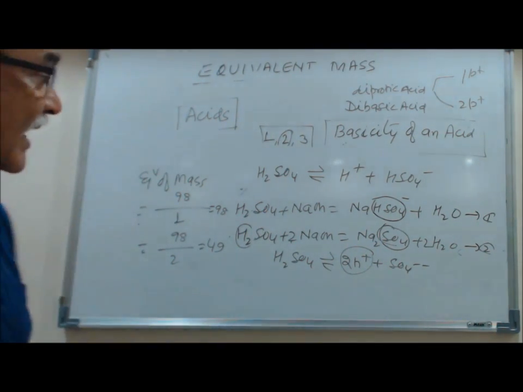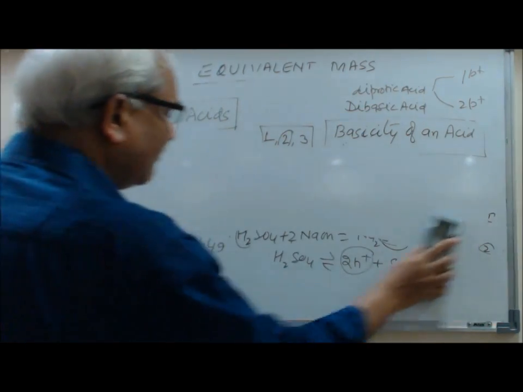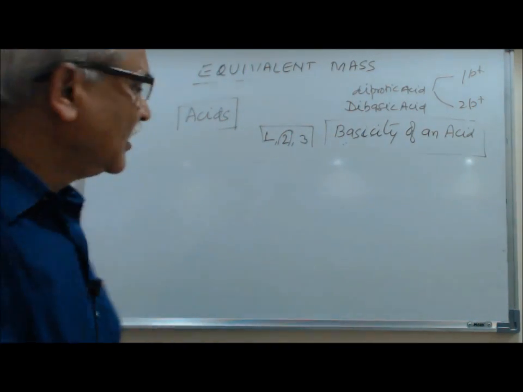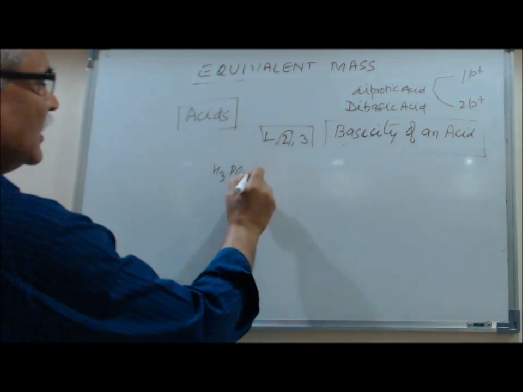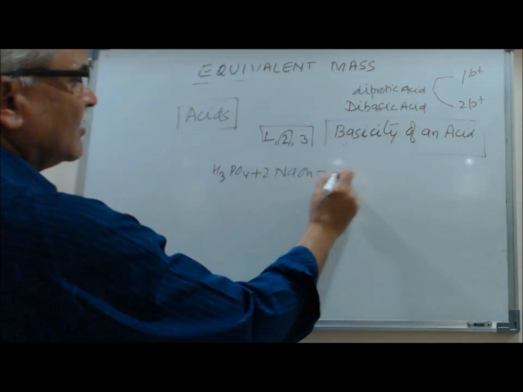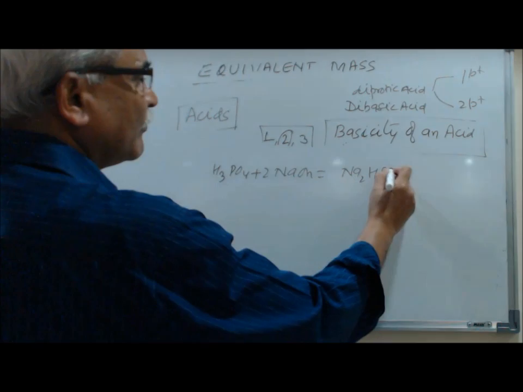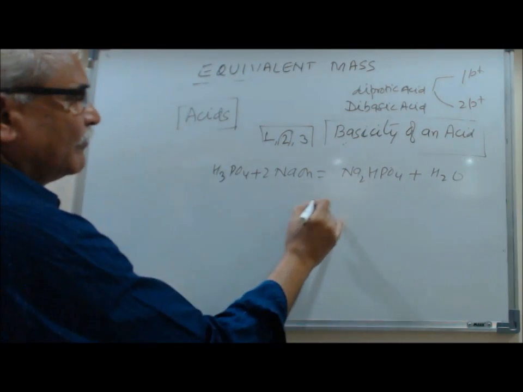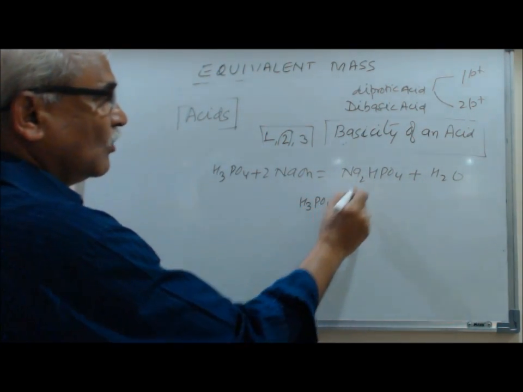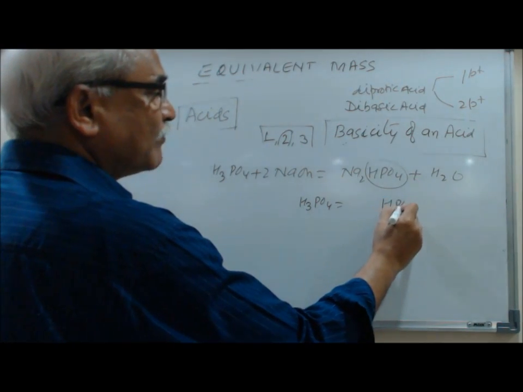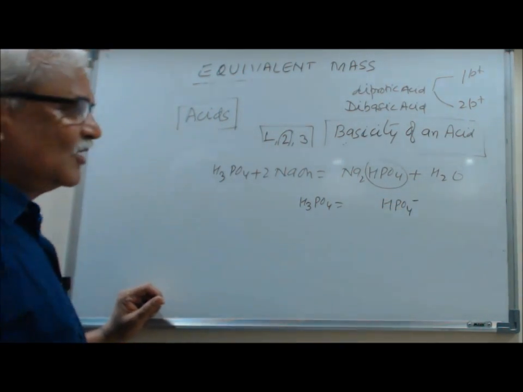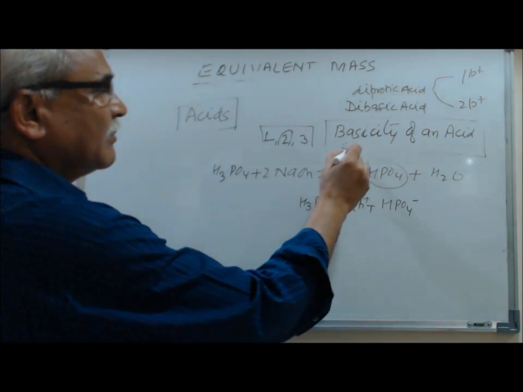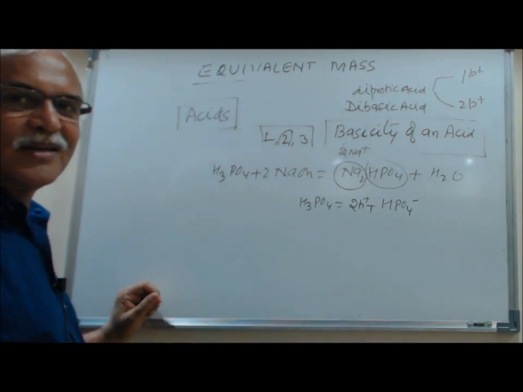And exactly by the same logic, if I just say find the equivalent mass of phosphoric acid, it is better to look at the reaction where it is reacting. If phosphoric acid is reacting like this, where we shall have Na2HPO4 plus H2O, then we are saying that from H3PO4 what is coming out is HPO4, which charge is minus. So only 2 protons must have come out, which is not difficult to understand. 2 protons must have been replaced by 2 sodium ions.